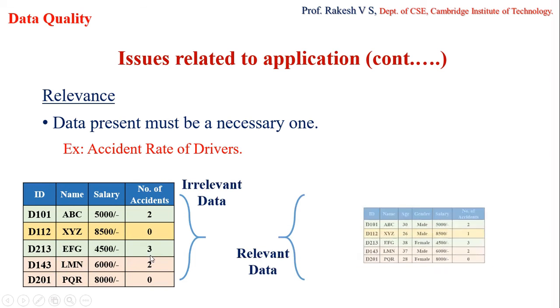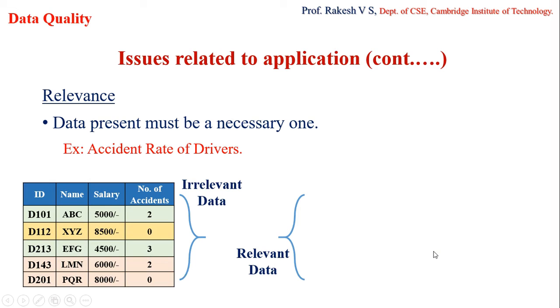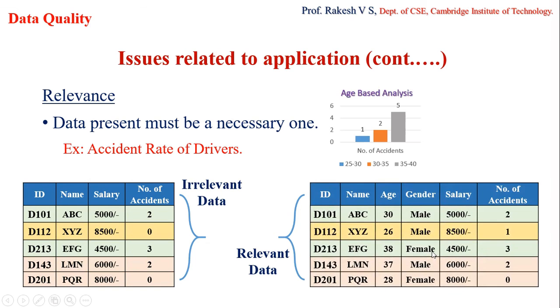So what is the relevant data then? If I had a data set like this, I would have made my analysis very easy. In this data set I have age as well as gender. Based on this, say I make the analysis based on age. I find that those between 25 to 30 years have very few accidents, whereas drivers between 35 to 40 have a higher accident rate.